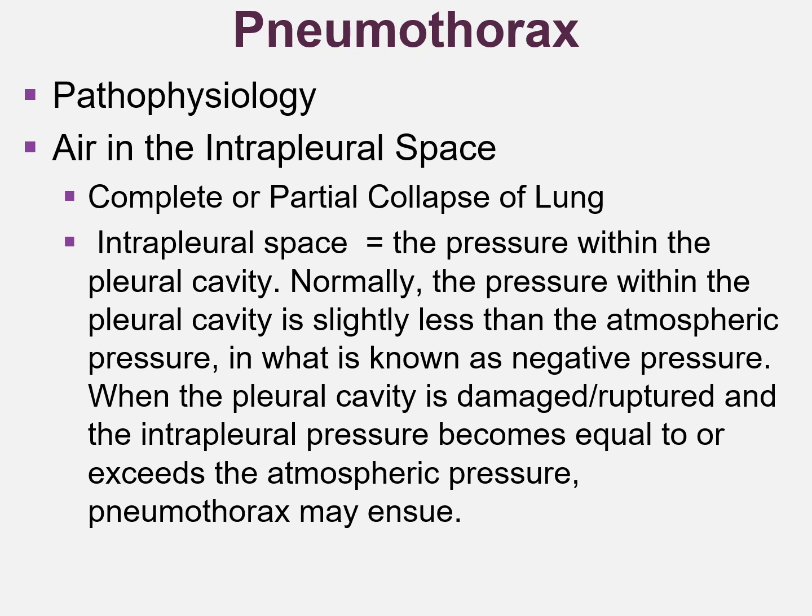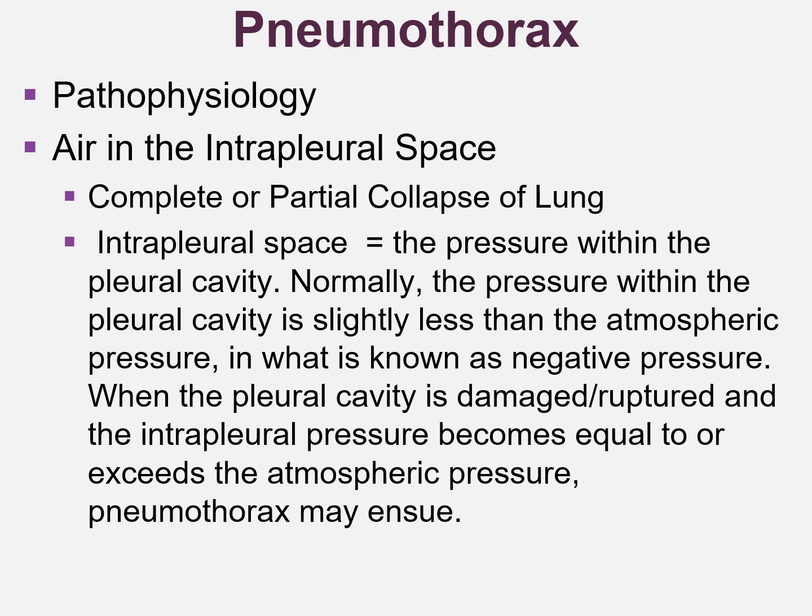Pneumothorax. This is air in the intrapleural space, and it can cause complete or partial collapse of the lung. The pressure within the pleural cavity is normally slightly less than the atmospheric pressure, referred to as negative pressure.